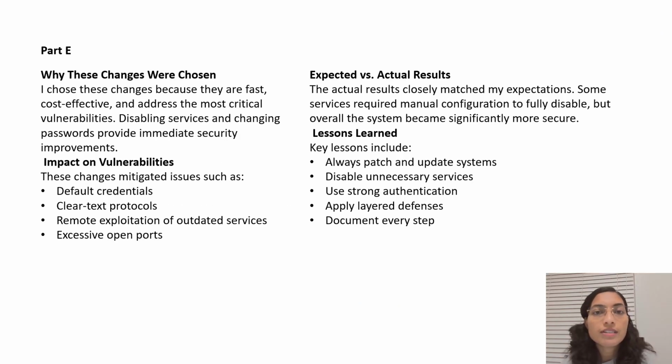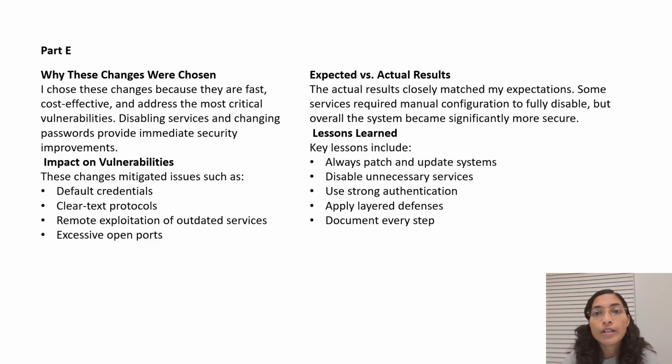I chose these changes because they are fast, cost-effective, and directly address the most critical vulnerabilities identified during the scan. Disabling unnecessary services and changing default passwords provided immediate security improvements without requiring major system modification.